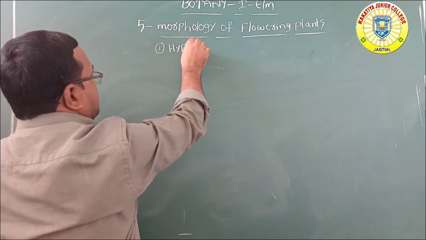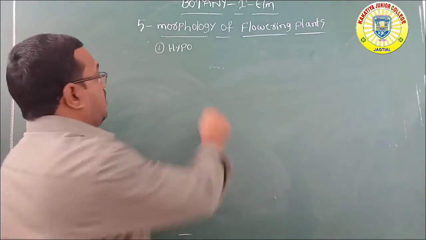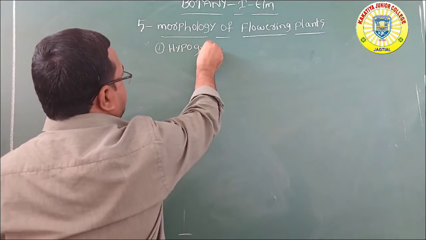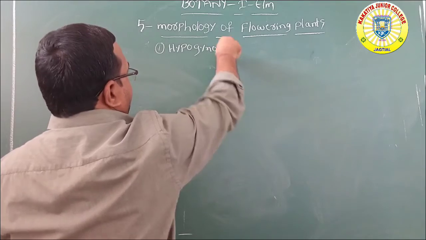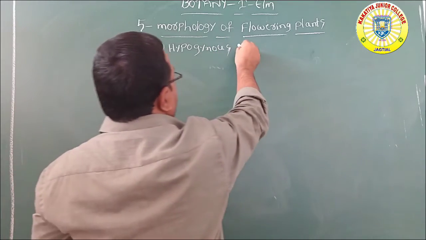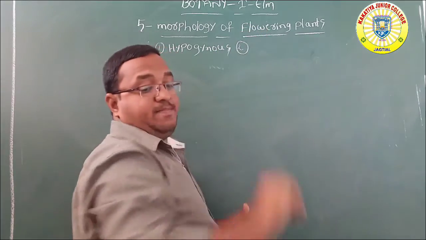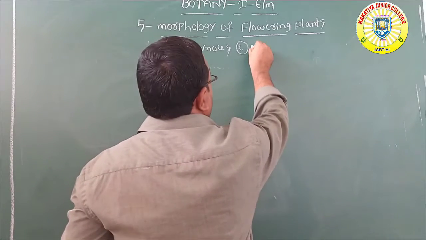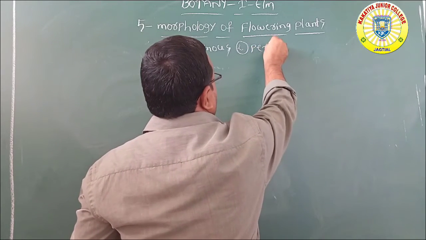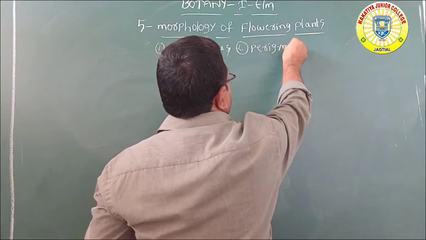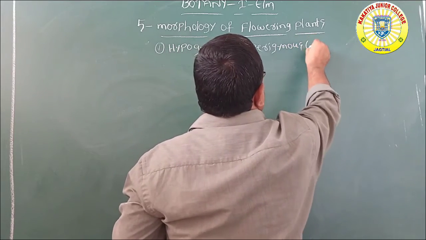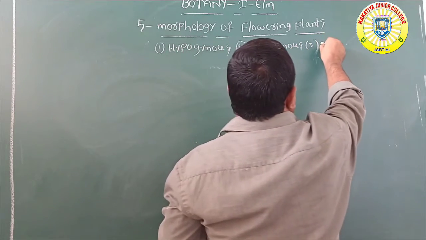First one is hypogynous. Second one is perigynous. Third one is epigynous.